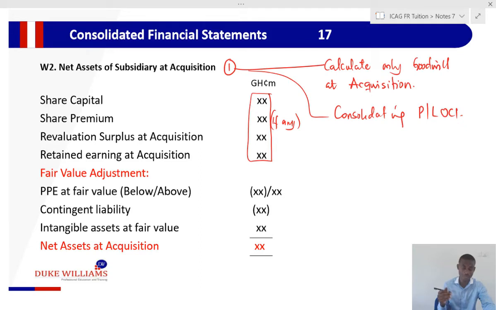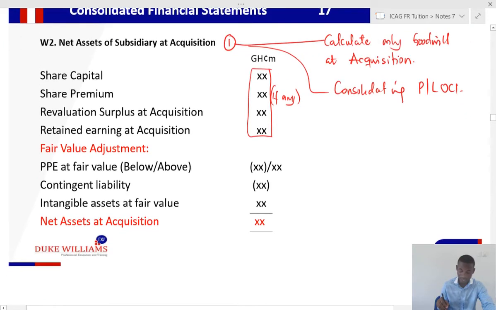What it means is that we can have fair value adjustment for assets which is above the carrying amount of the asset or below the carrying amount of the asset. If we have below, it means that there should be a reduction in the asset value, so that will be in brackets. If it is above, it means that there should be an increase in the carrying amount of the asset to reflect its fair value. So there will be an addition.